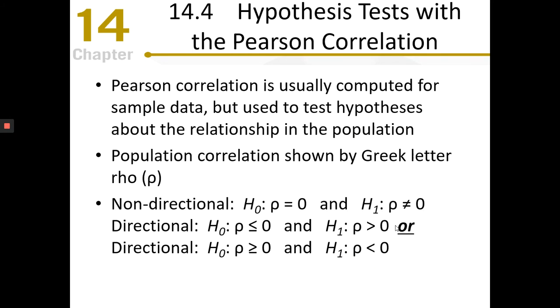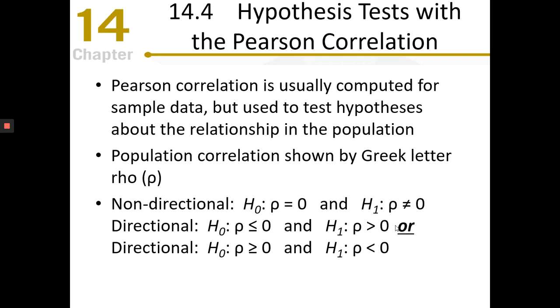So basically, when we're doing a hypothesis test, and you don't need to state the hypotheses anymore, you know how to do that already. If we have a non-directional, two-tailed hypothesis, then we just say the H0 is that the correlation, rho, the value of the correlation for the population, is 0, and the alternative is not 0.